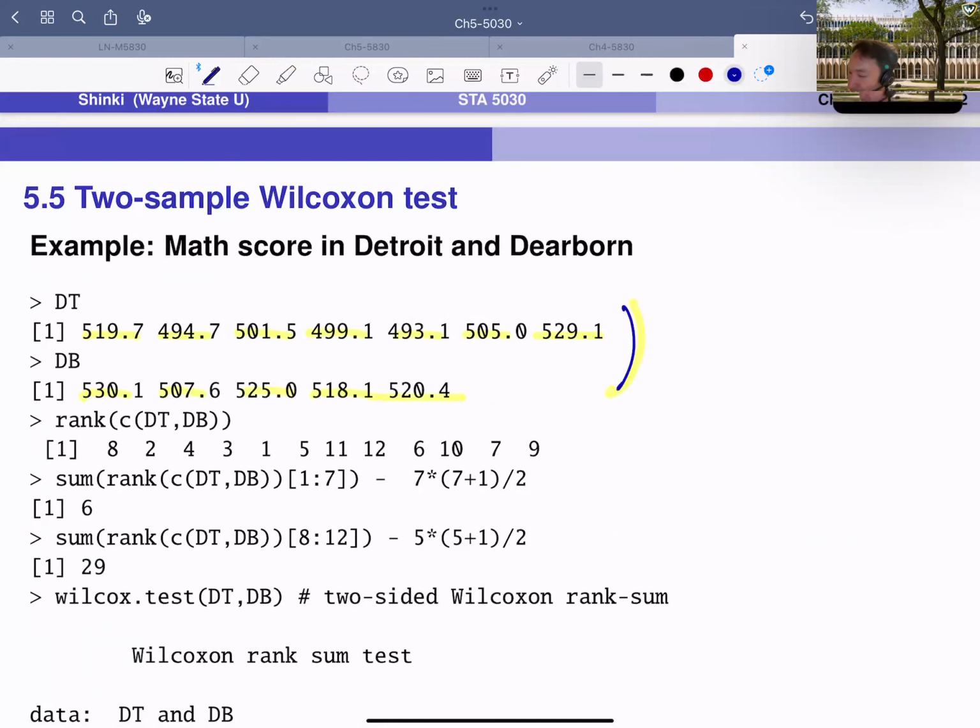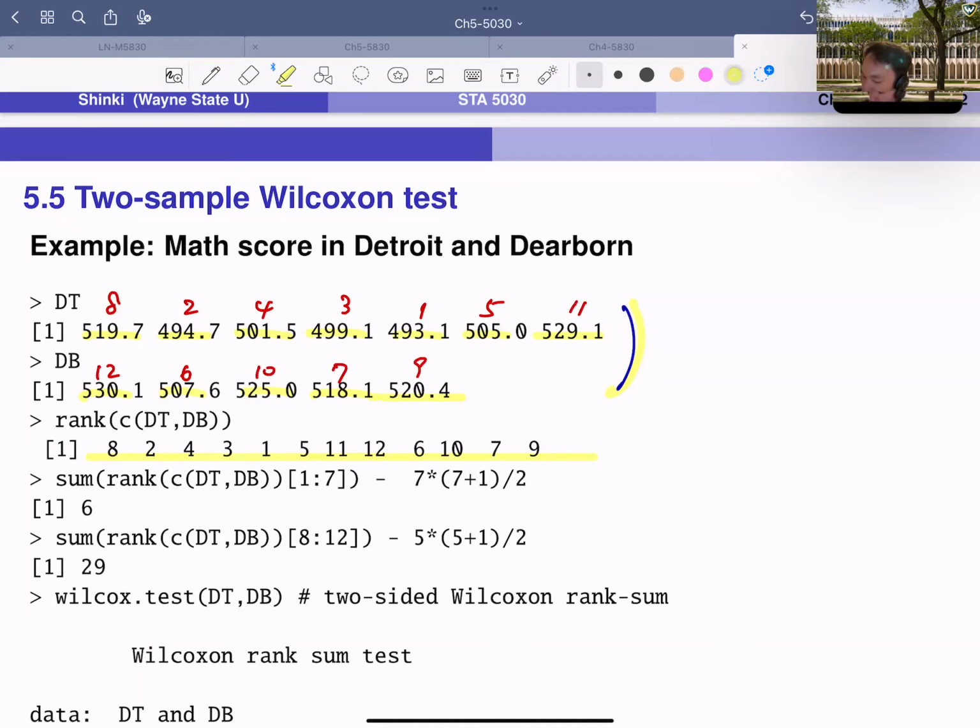You can see the smallest one is this one, and the second smallest one maybe this one, and the third, and the fourth, and the fifth, and the sixth, and the seventh here, and the eighth here, and the ninth, 10th, 11th, and 12th. And we have these ranks.